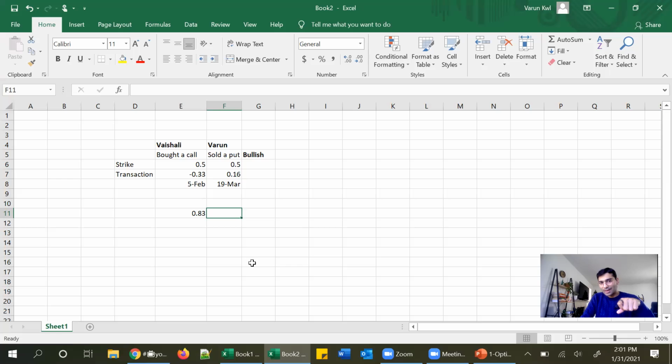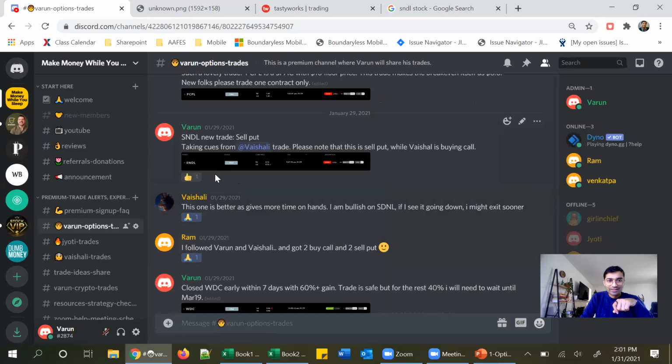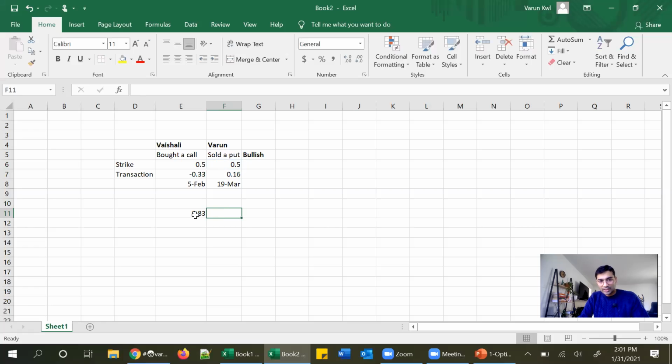Now, in this particular example, this is a good trade also, and Vaishali said that, oh, okay, this is also a good trade. If you see her comments here, this one is better as it gives more time on hand. I am bullish on SNDL. If I see it is going down, I might exit sooner. Why would she exit sooner? Because she's expecting that this stock will go very high very soon, so she will get a lot of premium and close this contract with a good profit.